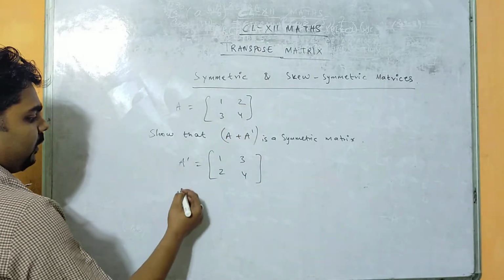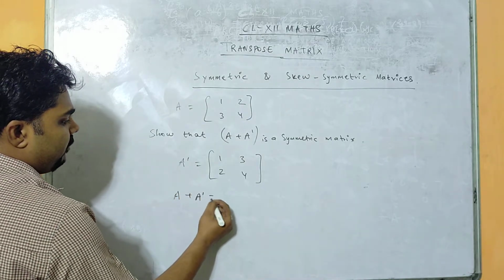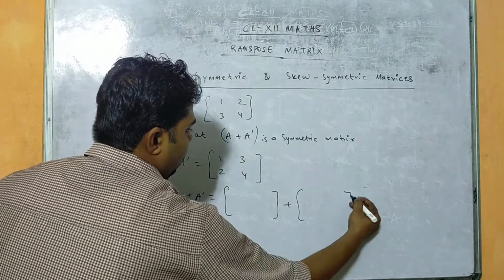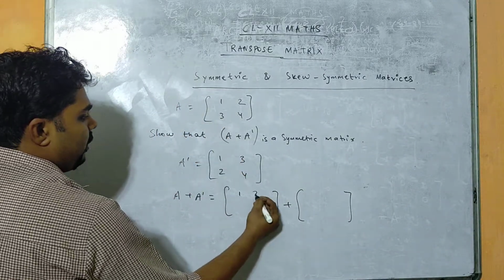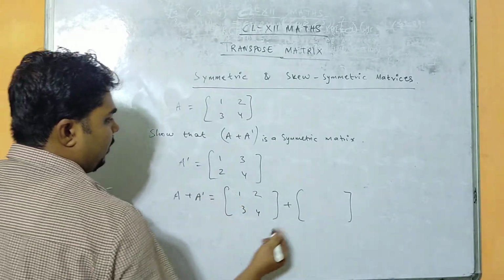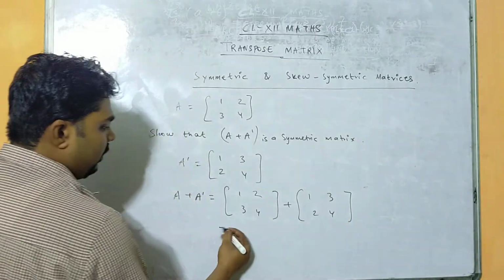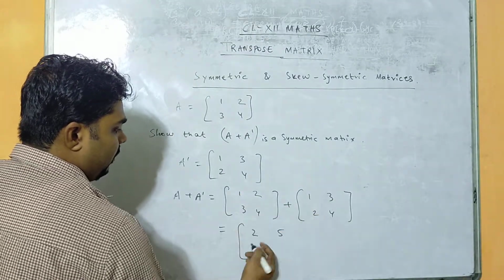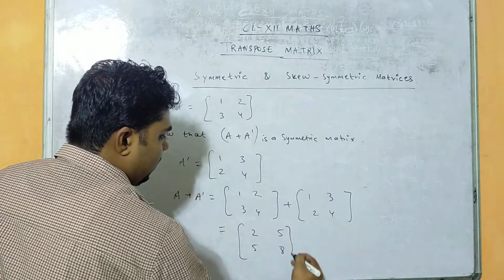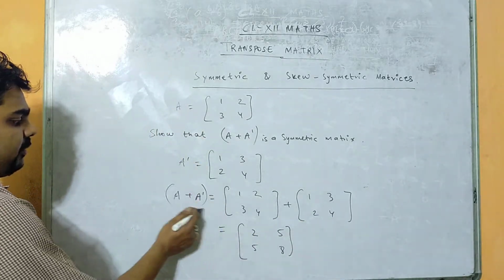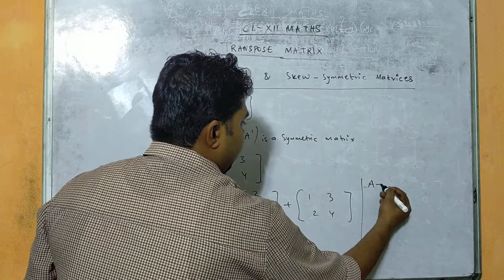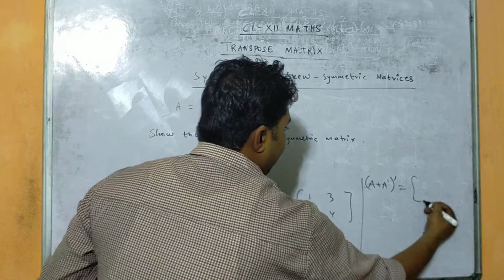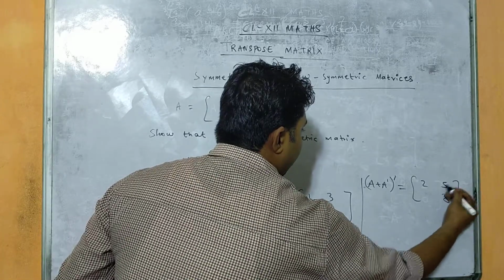Now when we add, A plus A transpose, A we have 1 2 3 4 and A transpose we have 1 3 2 4, right? So what we will get here, 1 plus 1, that is 2, 5 5 8, right? Now after getting A plus A transpose, if we again transpose this, then we'll get the same elements, 2 5 5 8.